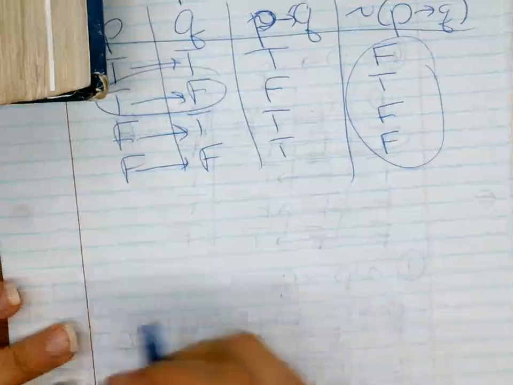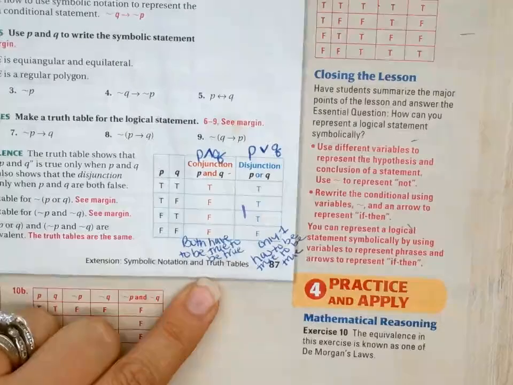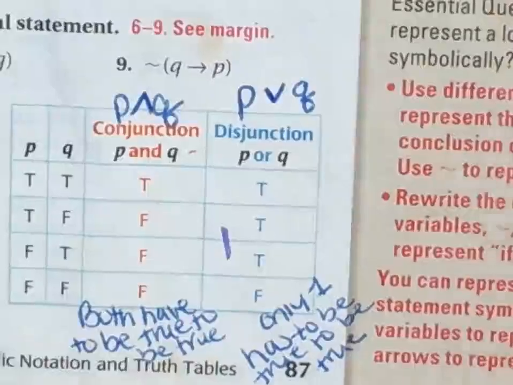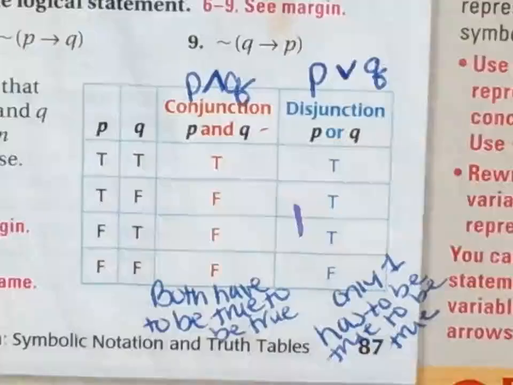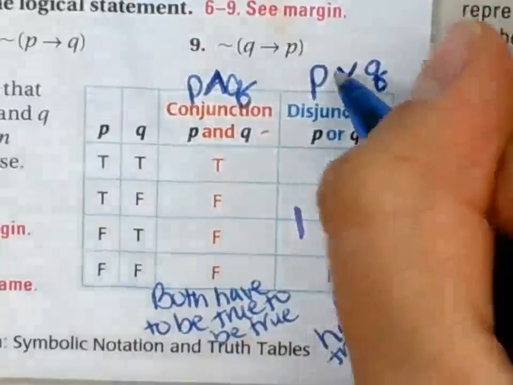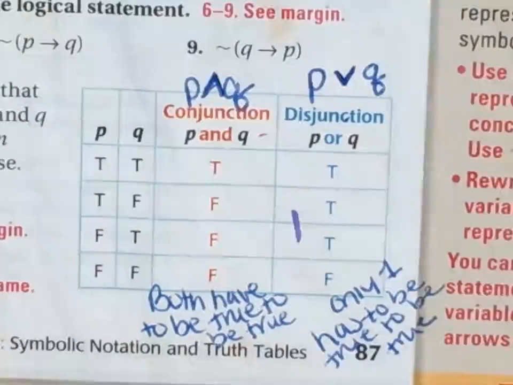All right, so I want you guys to go back to page 10 and look right here. Let me zoom in. I want you to copy this. So conjunction is and, which we can write with a little caret. Disjunction is or, which is a little v. For and, they both have to be true.